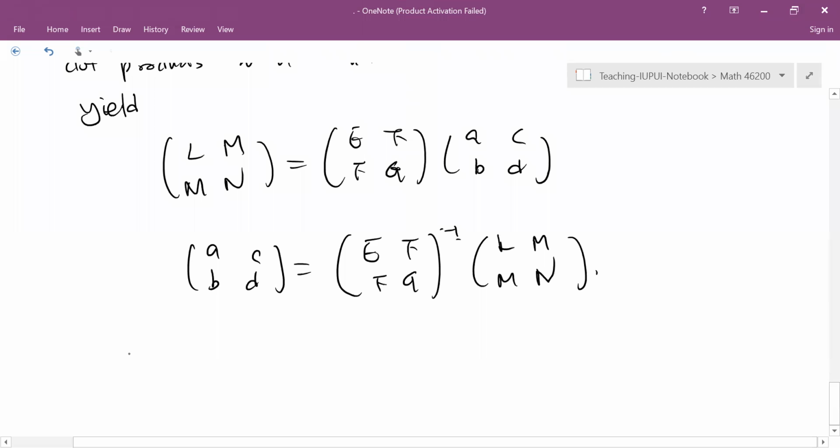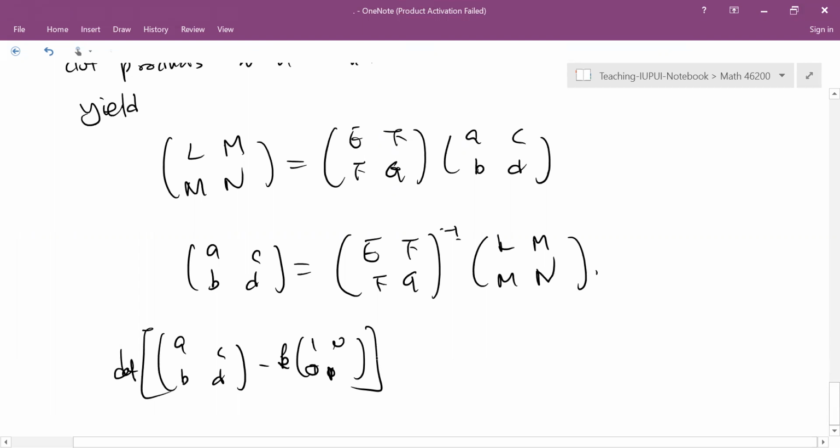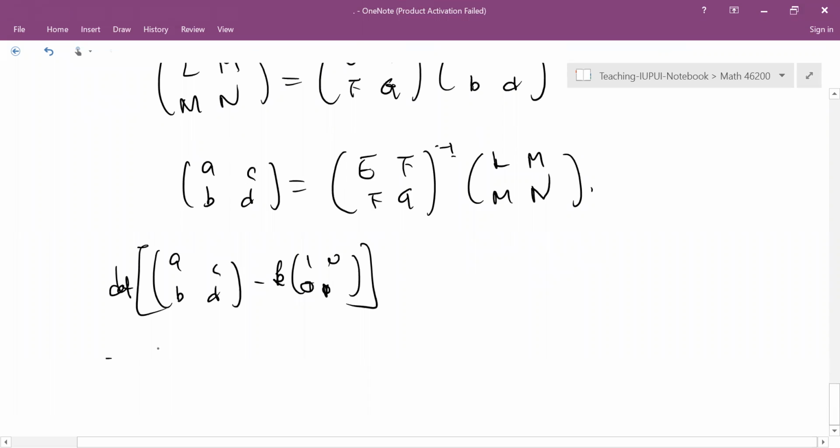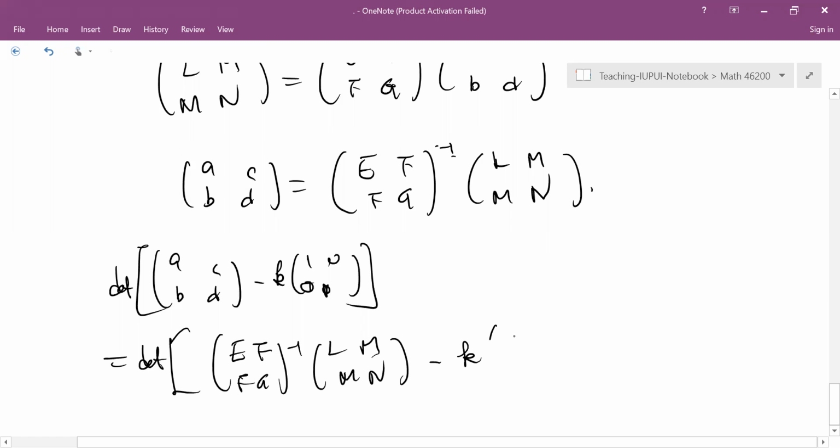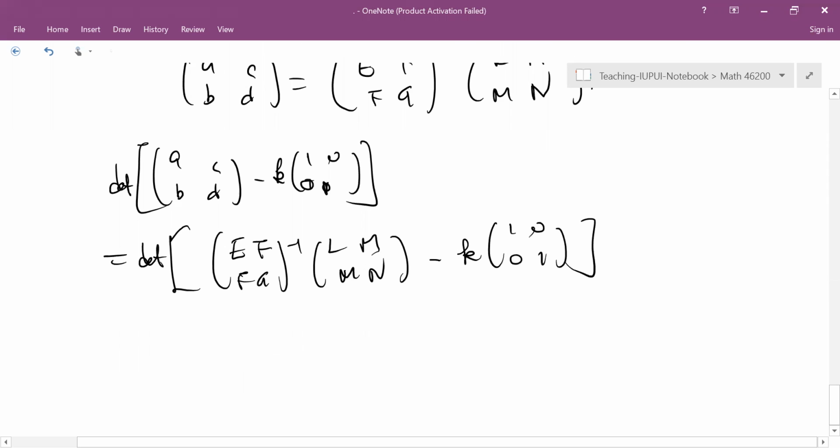Now let's take a look at the determinant of A, B, C, D minus K times the identity matrix, 1, 0, 0, 1. I'm going to replace it, using linear algebra, by the inverse of E, F, F, G times L, M, M, N minus K times the identity.